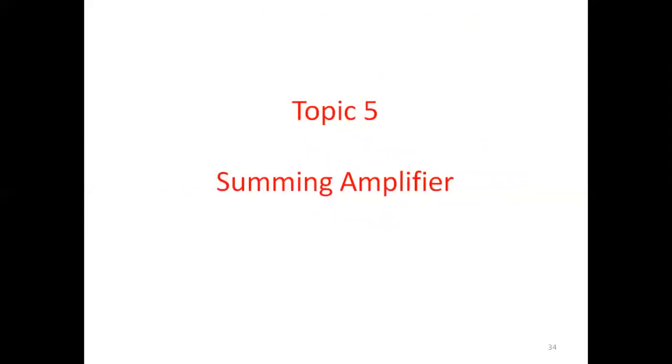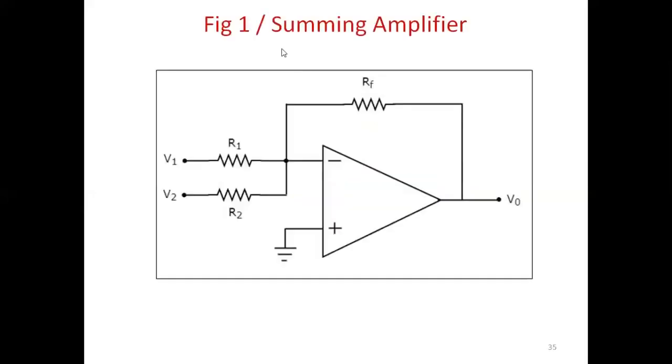The third topic is the summing amplifier. It is also called an op-amp adder. Look at this figure number 1. It is a summing amplifier or an adder in inverting configuration. It is called inverting configuration because the positive terminal is grounded.